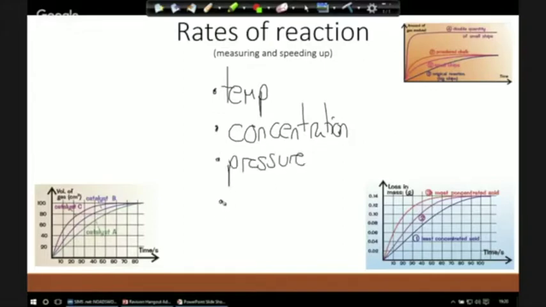The fourth is the surface area. And finally, the fifth is the use of a catalyst. Now, you're going to need to learn all of these 5 different types and potentially talk about every single one. So let's go through them very, very quickly.